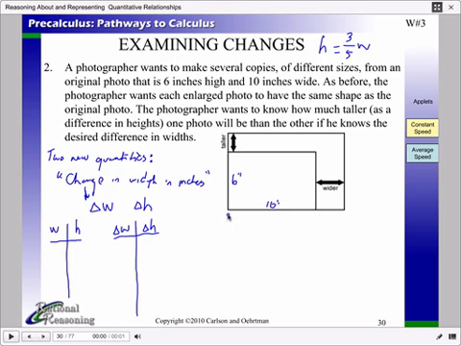So let's start by, I'm starting with 10 by 6. I want to know how tall the photo needs to be so that its width is 11. Should be able to get that really quickly if we're catching on here.